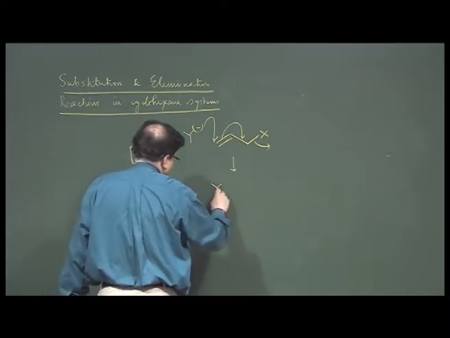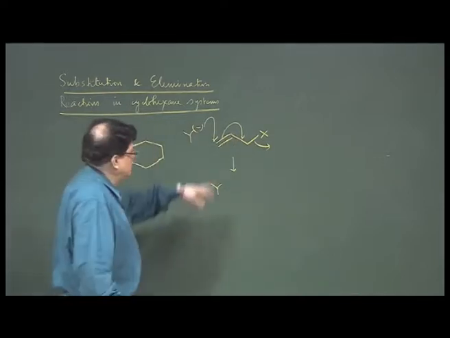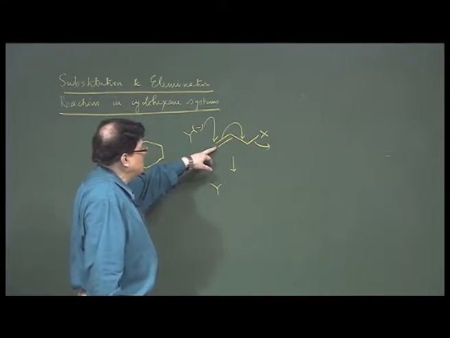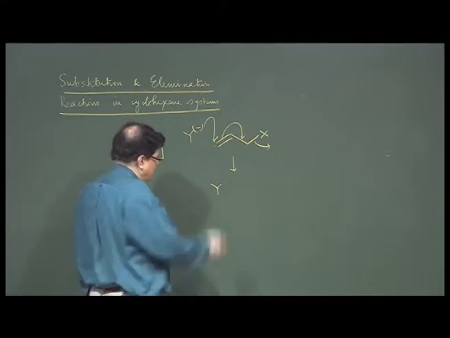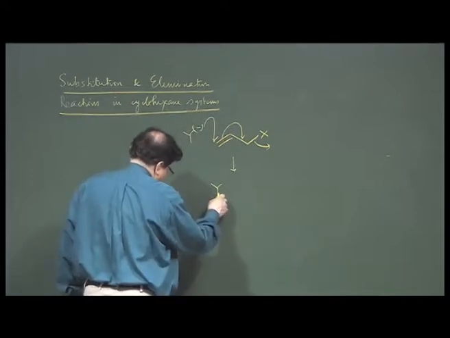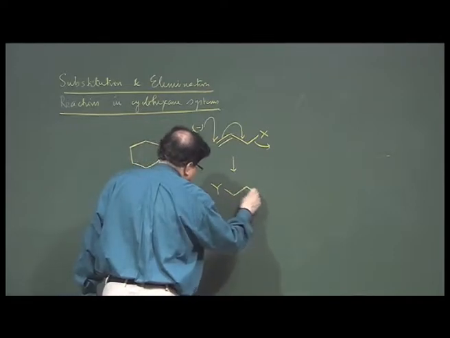So, Y is attached, it is not directly attacking the carbon bearing the leaving group, it is attacking the end carbon of the double bond, the allylic carbon of the double bond or the gamma carbon of the double bond. Okay. Then, what is happening? This is Y and the product is this.